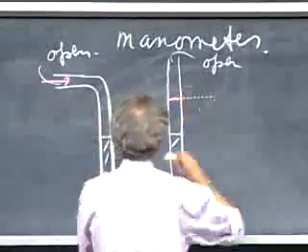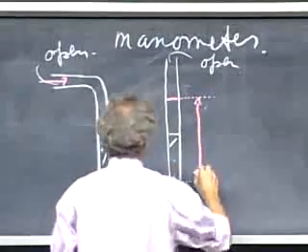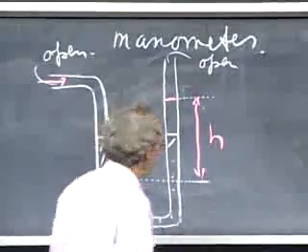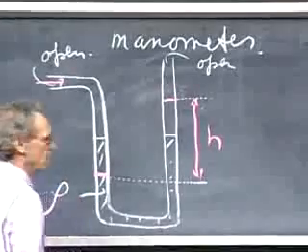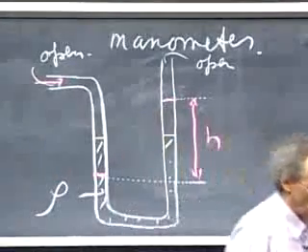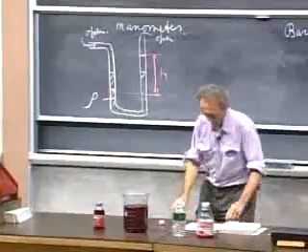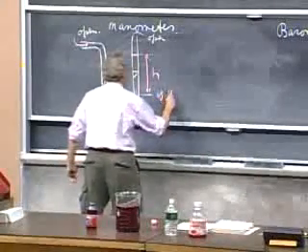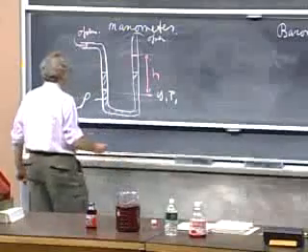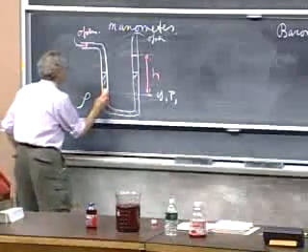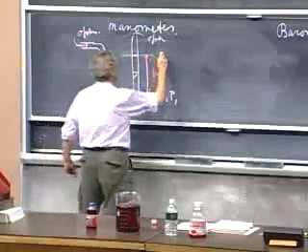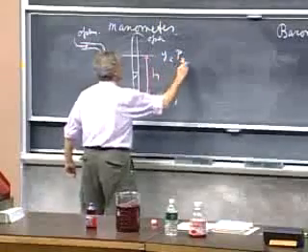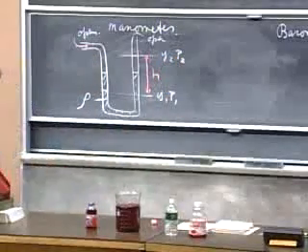And this height difference, let's call that h. And the density of this fluid is rho. We will use water for that. Call it water. So the pressure here at y1 equals p1, and the pressure here at y2 equals p2.